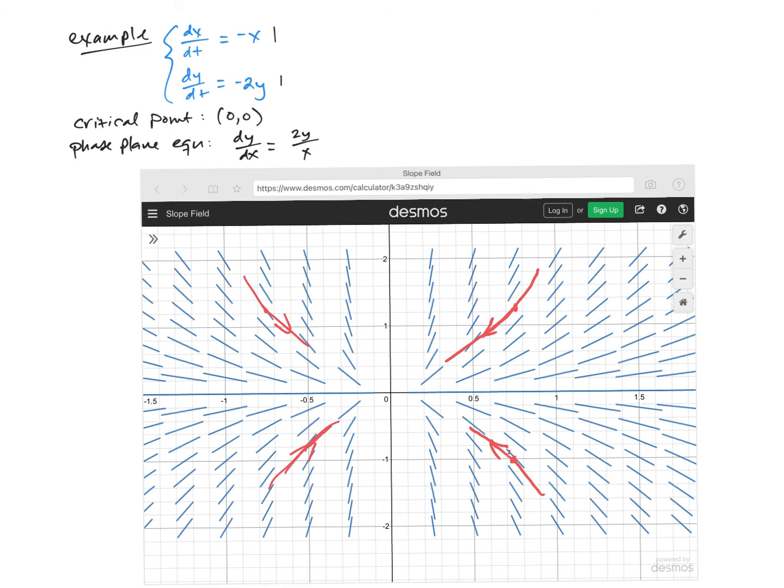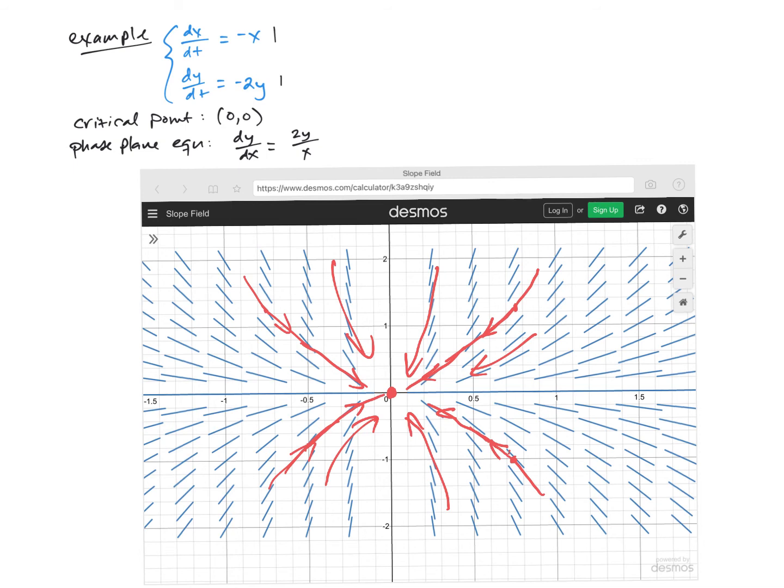So all these trajectories are flowing right into our critical point. And we can draw all of these trajectories that are heading towards our critical point.